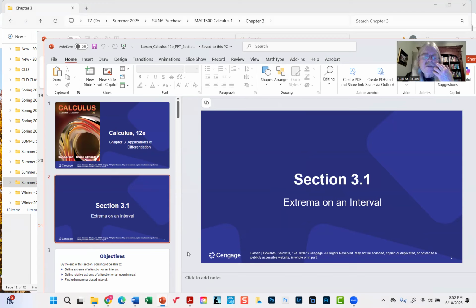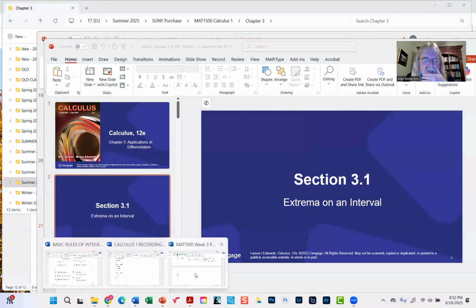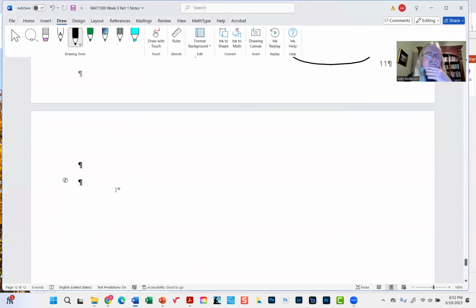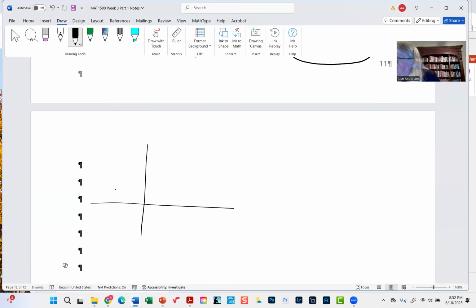Okay. So let me just sketch out a quick example of this. Imagine the following situation. Suppose that you're running a business, and let's say this is your profit function. Here's your profit. Profit is your dependent variable, and the units of the product that you're producing are the independent variable.